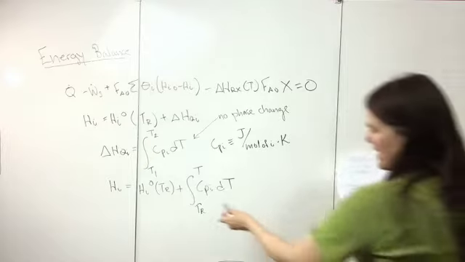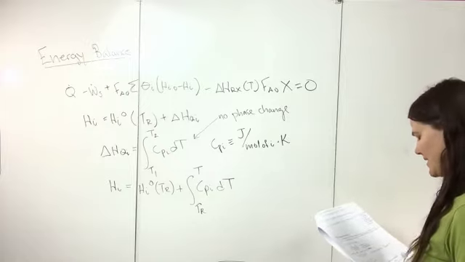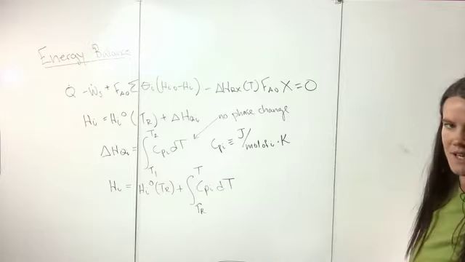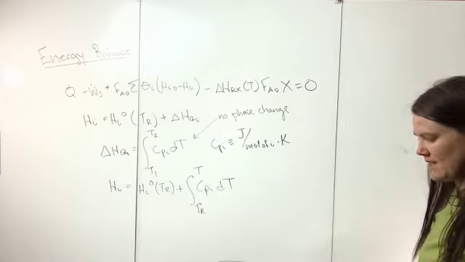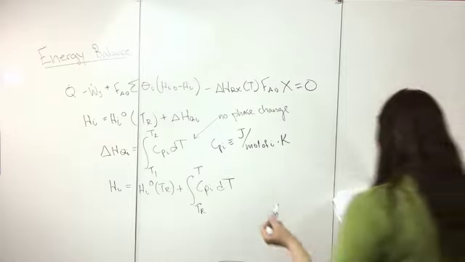And then we can integrate this, and when we integrate that, in this case, we're assuming constant heat capacity, but that's another thing. It might not always be constant, so you just want to keep that in mind when you're working through problems.